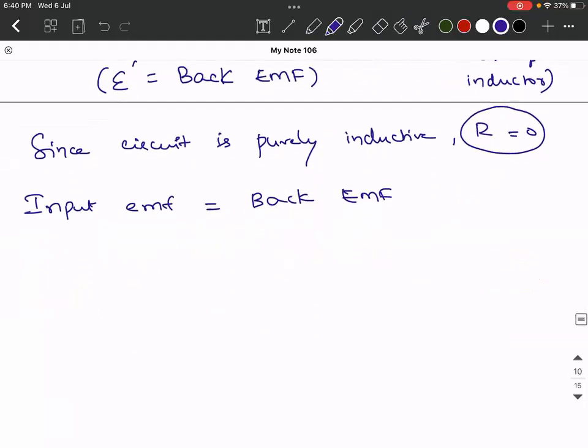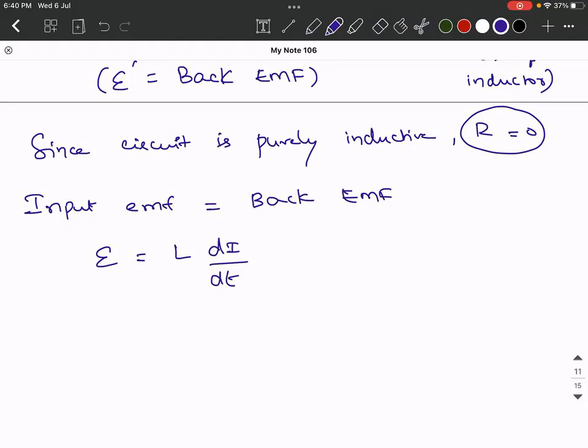When input EMF is equal to the back EMF, what I can say is input EMF is E, which will be L into dI by dt. Why did I write L into dI by dt? That is the back EMF, the EMF induced across the inductor.